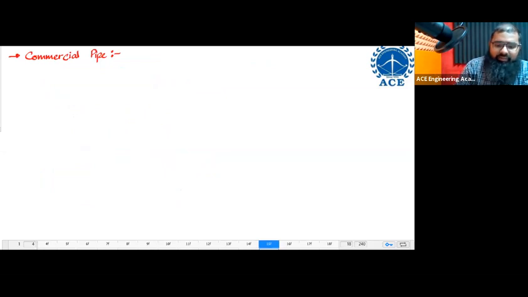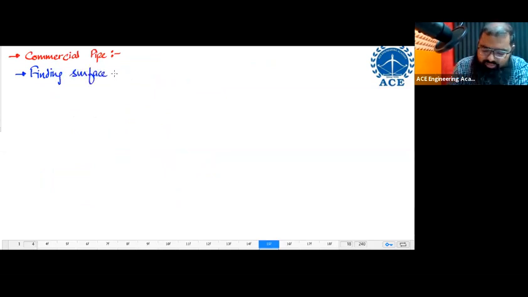Commercial pipe. I'm coming back to the commercial pipe. First point, finding surface roughness. My handwriting will not be neat now, please adjust. Finding surface roughness is difficult.